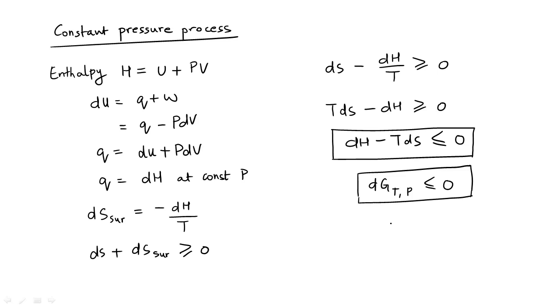The criteria for spontaneous change of a system can thus be written in terms of properties of the system itself, and we will now summarize them. For an isolated system, a change will be spontaneous if the change in entropy of the system is greater than or equal to 0.